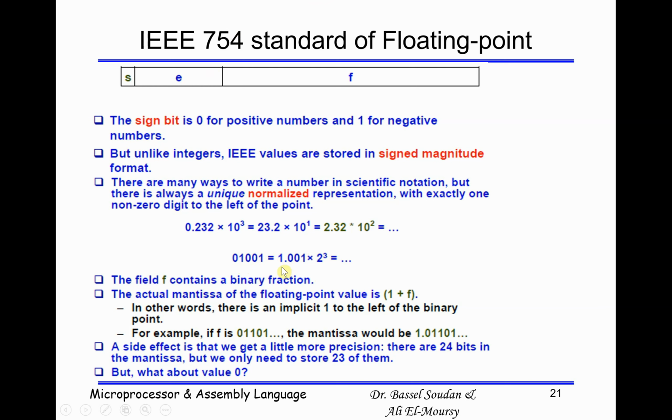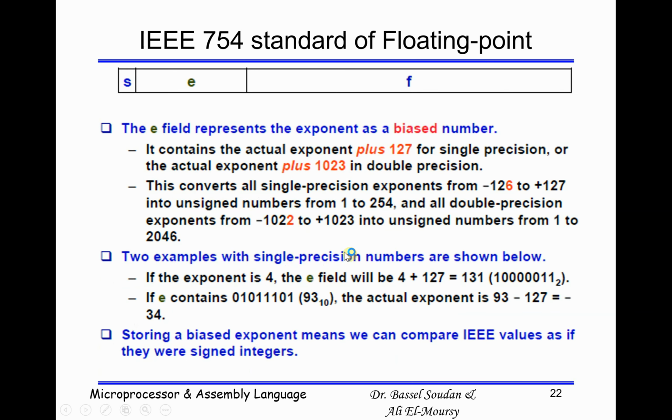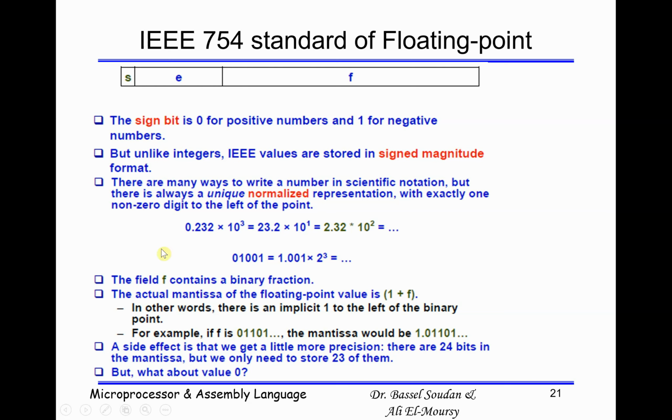First of all, the IEEE standard for the floating point notation requires you to put the number in the format 1 point something. So you have to leave 1 to the left of the binary point, and leave the rest of the bits to the right of the binary point. And then you can identify the powers of 2 for the exponent. If I want to store this number in single precision floating point, what shall I do?